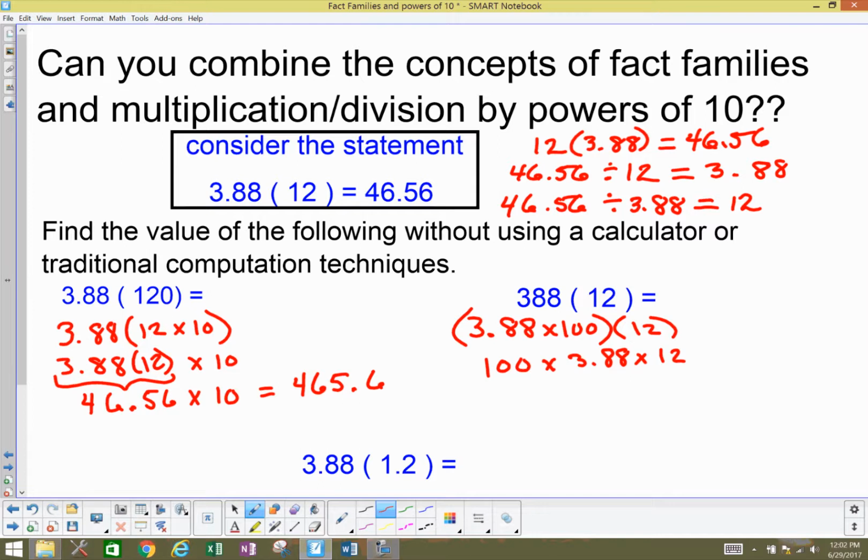Commutative property tells me that with multiplication, I can change the order and still have the same answer. So 3.88 times 12, I know is 46.56. I still have 100 times that answer. From my power of 10 rules for multiplication and division, I know that I'm multiplying by 10 to the power 2, so I'm going to be shifting 2 place values. So that'll be 4,656.